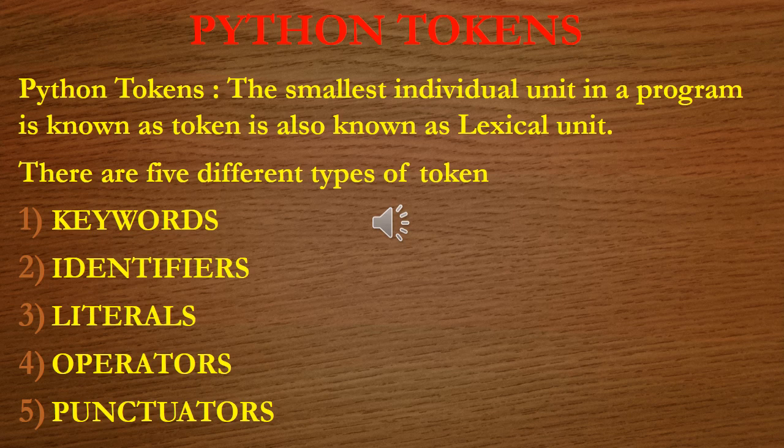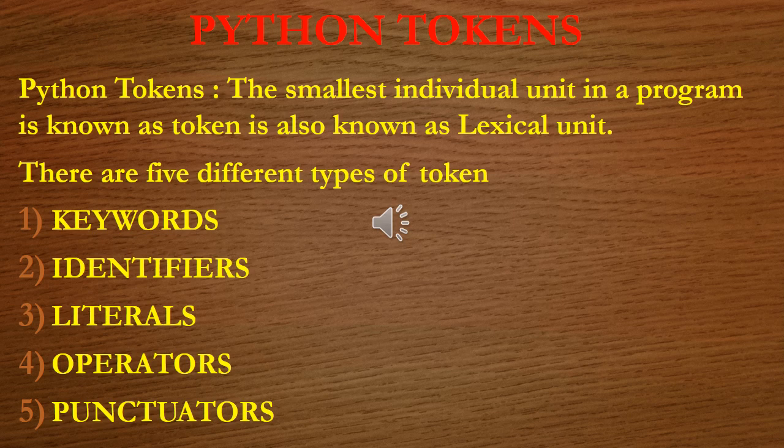What are Python tokens? The smallest individual unit in a program is known as a token. It is also known as a lexical unit. Lexical means the smallest individual unit in a program.